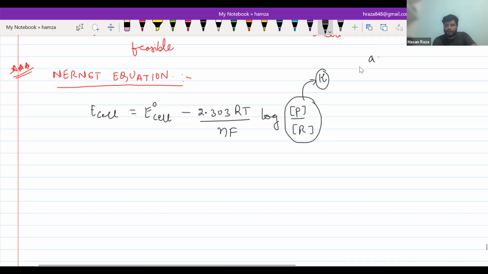Like if you have an equation aA plus bB that gives us cC plus dD, and you are going to calculate the value of Kc, all are by default in aqueous solution.